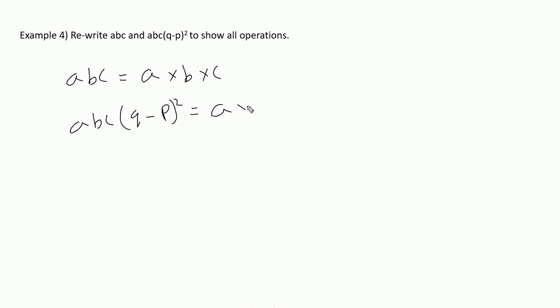If I were to rewrite these two things to show all operations, I would write ABC equal to A times B times C. And I would rewrite this expression ABC(Q minus P) squared as A times B times C times, remembering to keep the expression in the brackets separate and treating it as if it were a single thing, Q minus P.